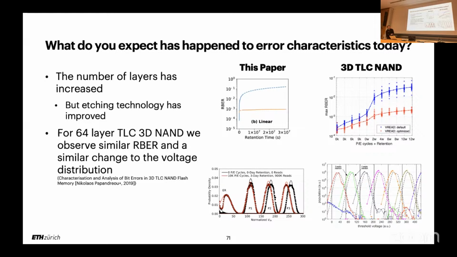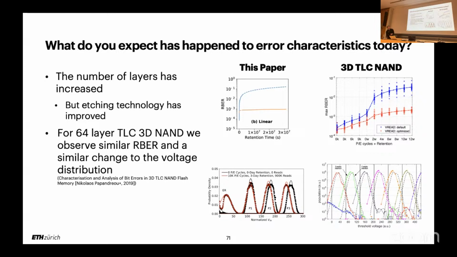And the retention loss here, which is weirdly enough on the right side of the chart. So here we see what happens after we induce program erase, after we program and erase cells. We get an increase of errors here, as we would expect from wear out. And then here is where we have retention time, but this is quite similar.